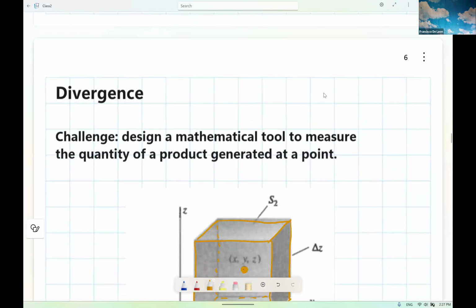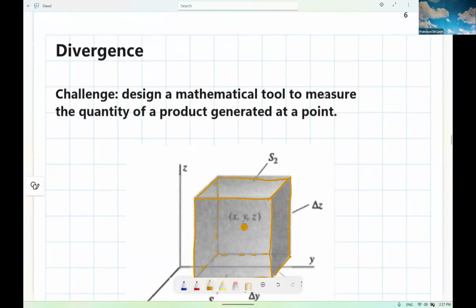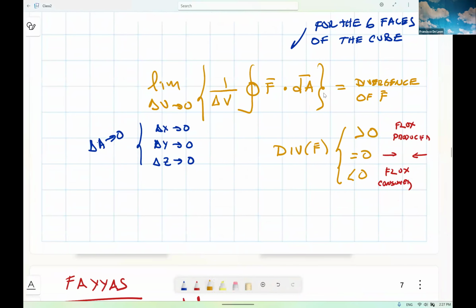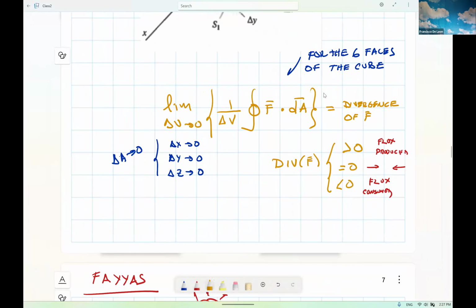We were going into this divergence. We have somehow developed the tool. The divergence is that thing in orange there that we're going to do.